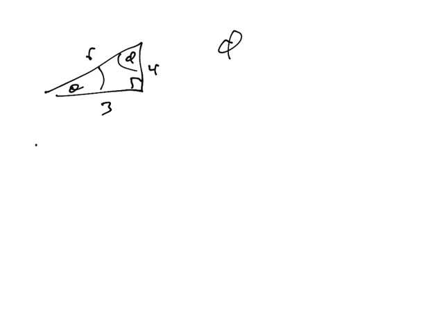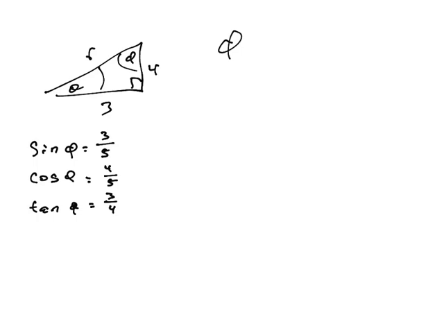So I could say, okay, sine of phi is opposite, which in this case is 3, over hypotenuse, which is 5. Or I could say cosine of phi is adjacent, which is 4 over 5. Or I could say tangent of phi is opposite 3 over adjacent 4. Okay, that's fine, no problem.